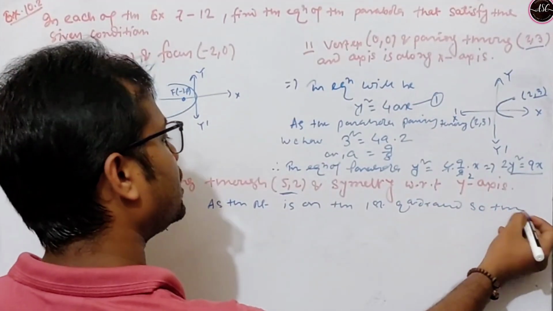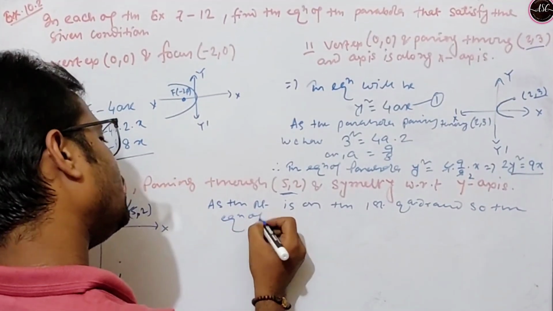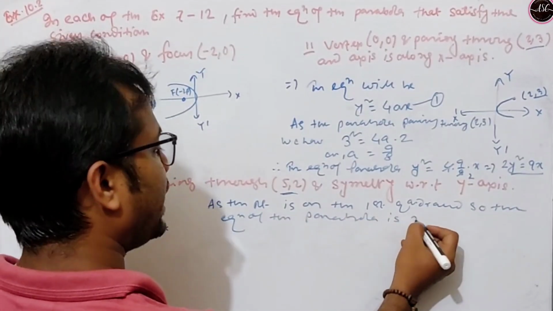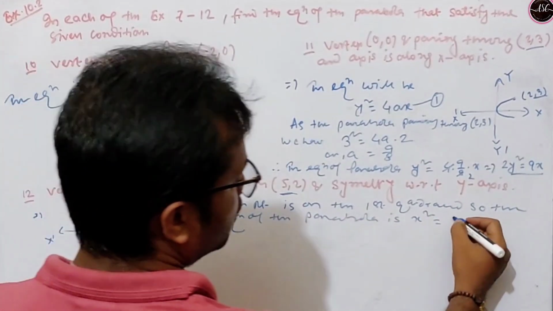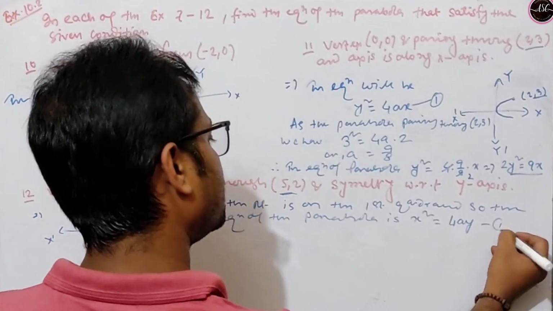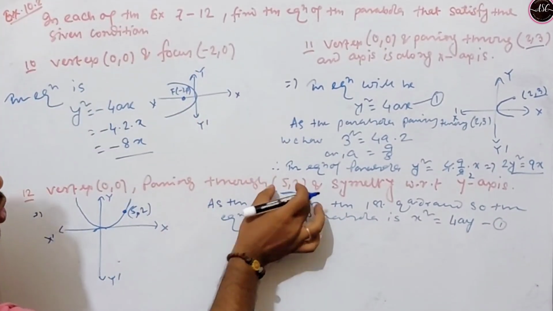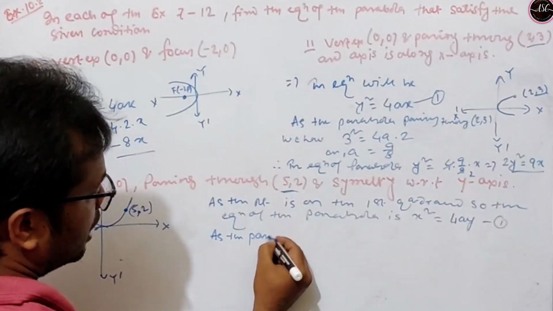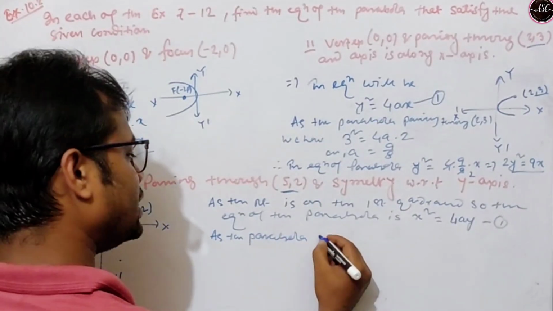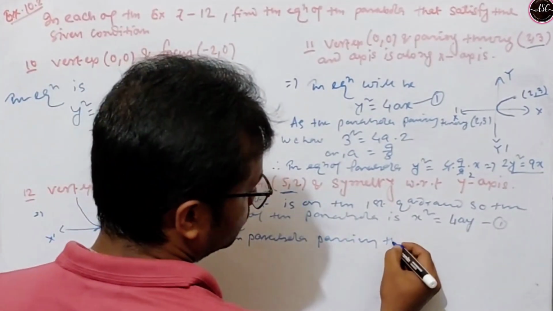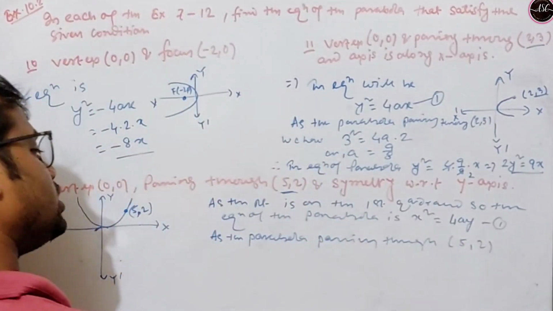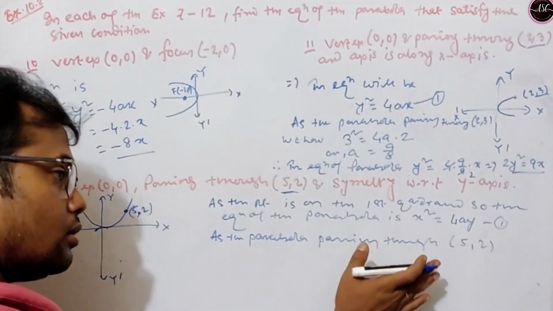the equation of the parabola is x squared equal to 4ay, and it is passing through 5 comma 2. As the parabola is passing through 5 comma 2, therefore the equation must be satisfied for this point.